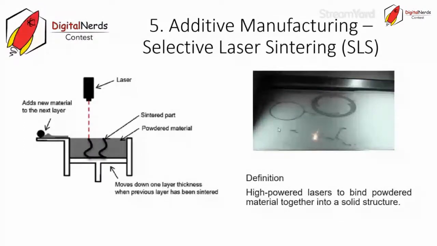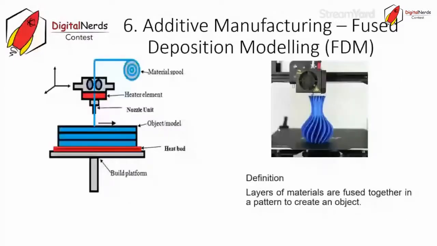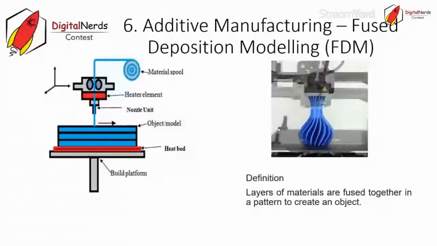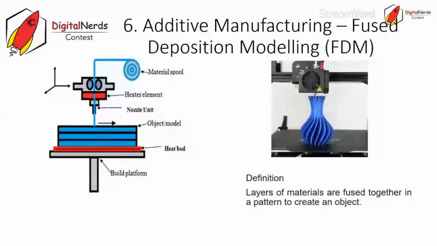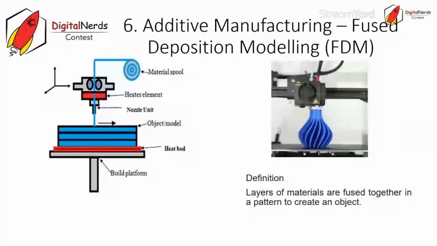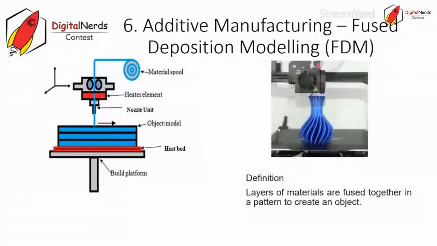Another method is fused deposition modeling. This is one of the most used methods of 3D printing, and in this way we use raw material in the form of a wire, and we add that material into a heated chamber, and that material is melted, and with the help of numerical control we add material into the desired cross section until we obtain the final part.